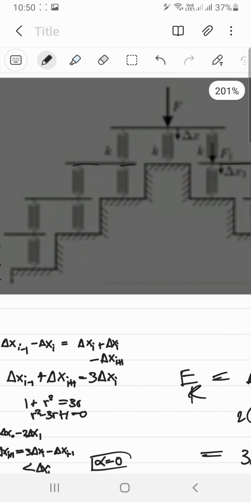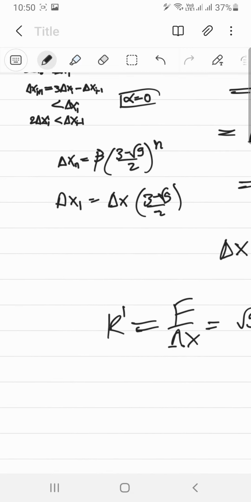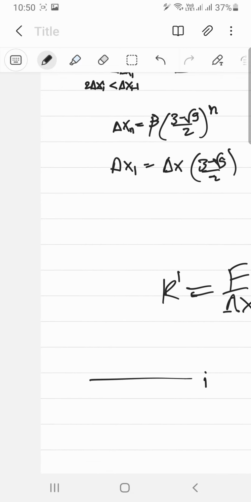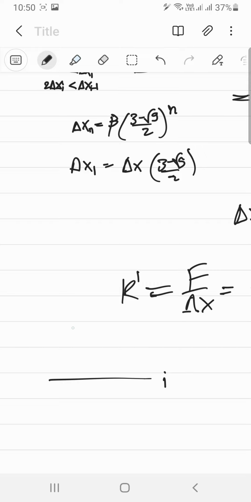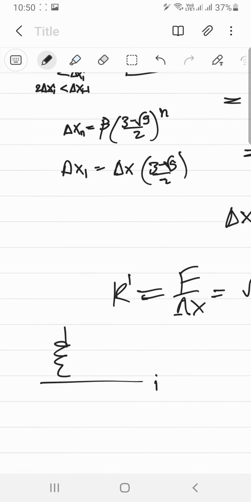First of all, the recursion. If this thing is the ith layer, then over here you will have one spring like this. There's only one spring all of the time. So this is delta x I minus 1, it has that compression, and then over here you have this fixed platform and this moving platform.